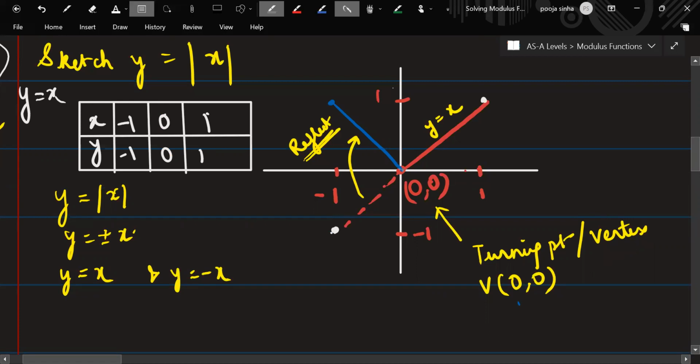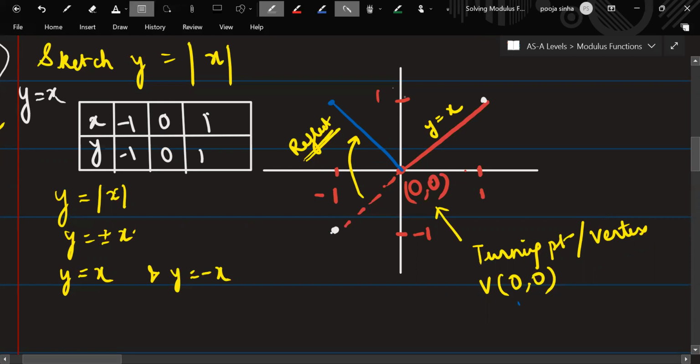And what about the intercepts? Intercepts are all that you're supposed to mark. So if there is any intercept, you will mark it. X-intercept and Y-intercept: the places where it is cutting the x-axis is the x-intercept. In this case it is not cutting the x-axis, because this is the most basic question.